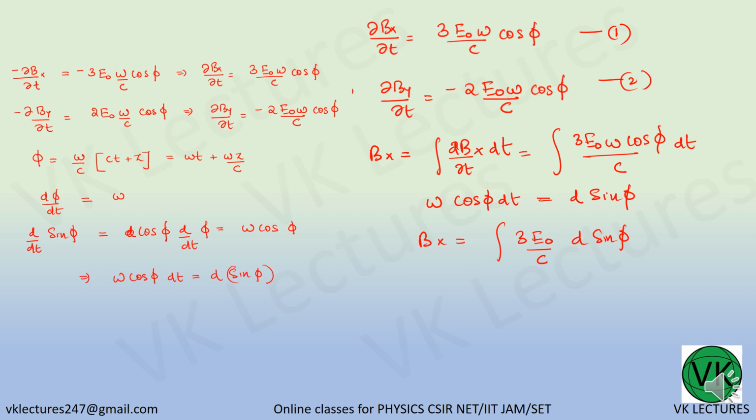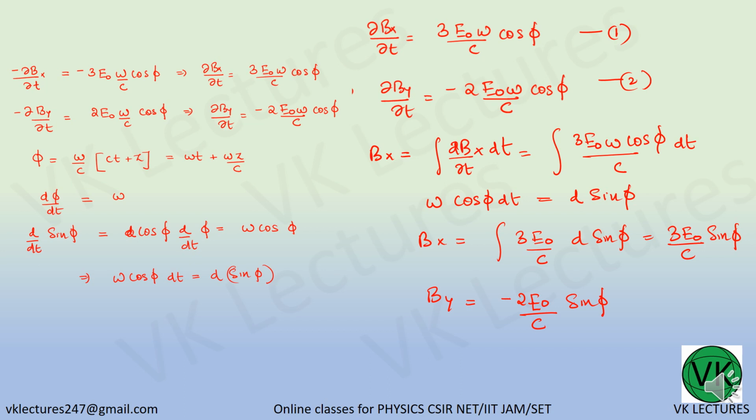That will be equal to 3 E naught by c, integral d sin phi is sin phi. Similarly, we can write the y component will be the integral of this, that will be equal to 2 E naught by c sin phi.